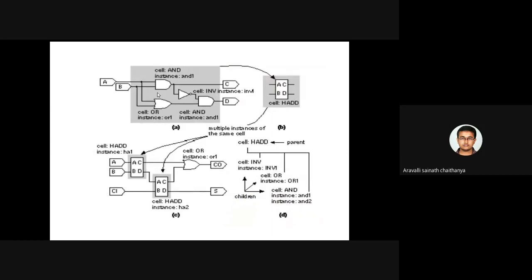This is the example of your full adder. A comma B comma C are the inputs, and this is two half adders and one OR gate, and this is my sum, and this is my carry. Inside my half adder, this is the realization. This is my half adder realization.